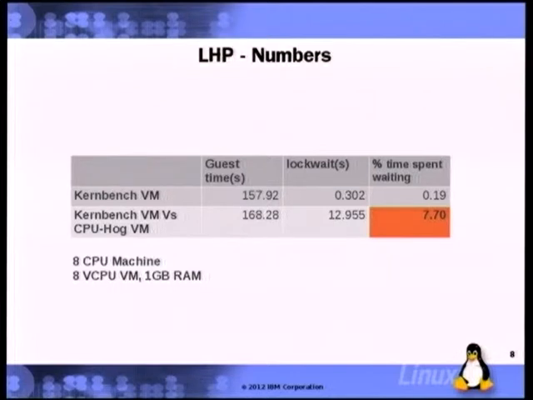In the second experiment, I have 2 VMs, a kernbench VM and a VM which runs a CPU hog. The lock wait time has gone up to almost 7.7%. So this time is all spent just doing the busy wait between the virtual CPUs. It's quite a huge number.